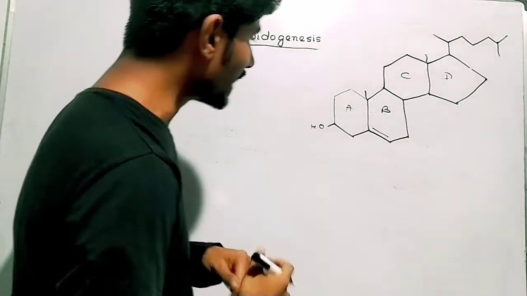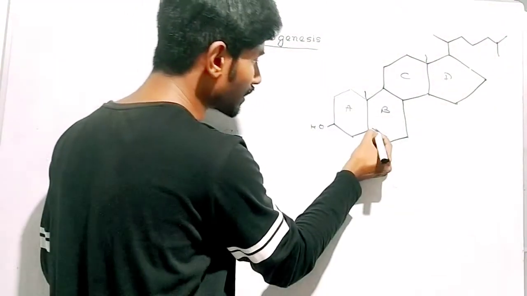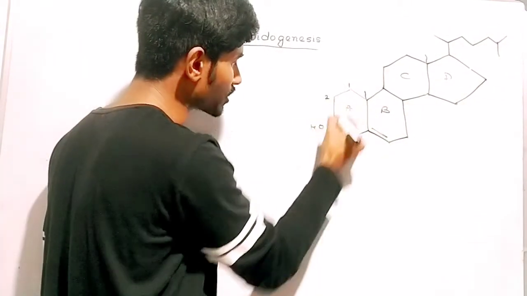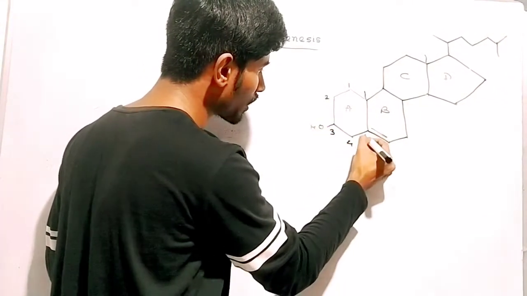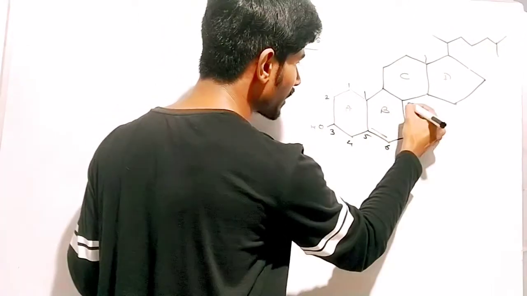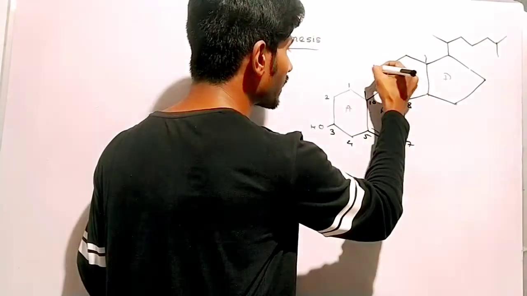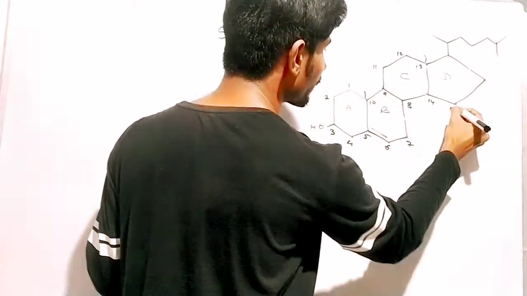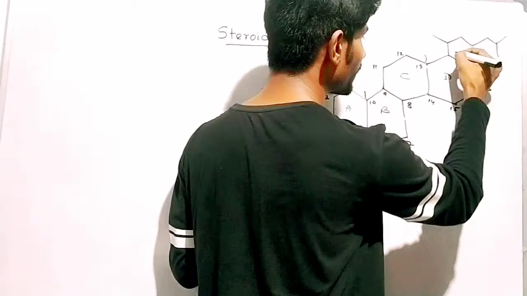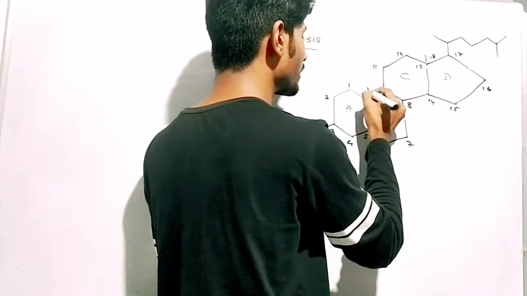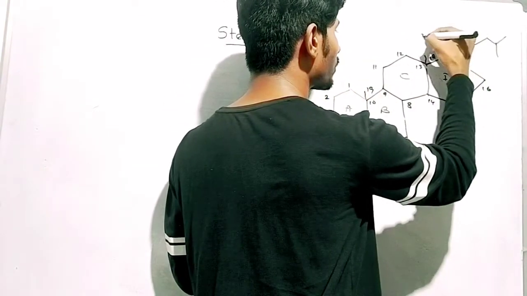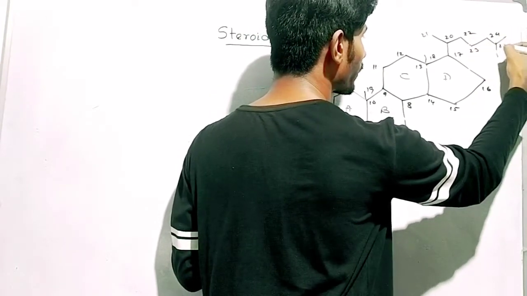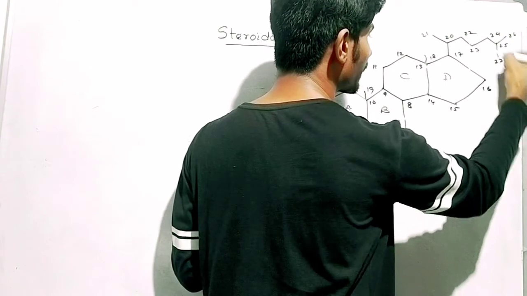Now you can see that there is a pi bond here, and if you just number the carbons, you will get 1, 2, 3, 4, 5, 6, 7, 8, 9, 10, 11, 12, 13, 14, 15, 16, 17, 18, 19, 20, 21, 22, 23, 24, 25, 26, 27, okay.